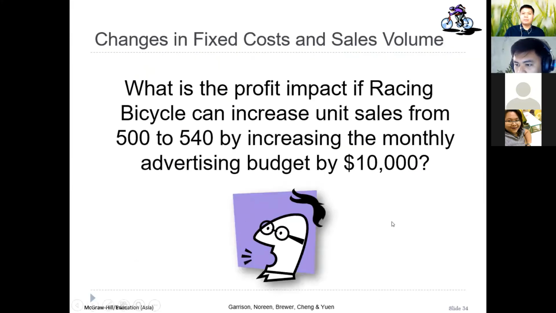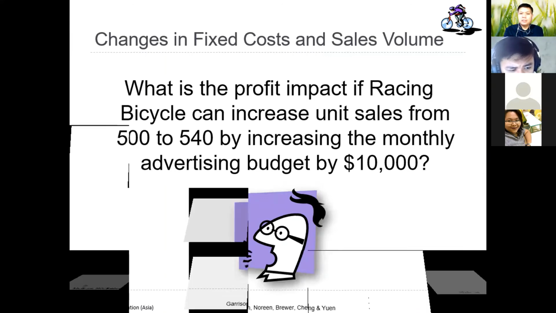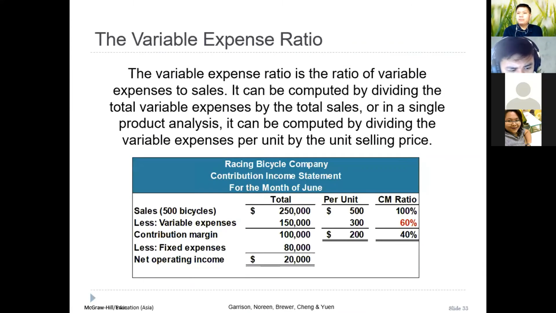All right. Now, what is the profit impact if Racing Bicycle can increase unit sales from 500 to 540 by increasing the monthly advertising budget by 10,000? Let's go back. So assuming the advertising budget is a fixed expense, anong mangyayari daw dito sa fixed expense mo, yung 80,000?